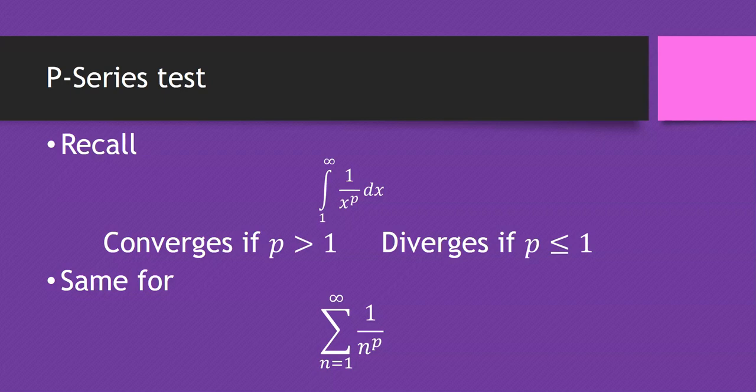But again, it's very important that we get this. Anytime P is less than or equal to 1, this series diverges. Anytime P is greater than 1, this series converges. All right? That's going to come up over and over and over again.